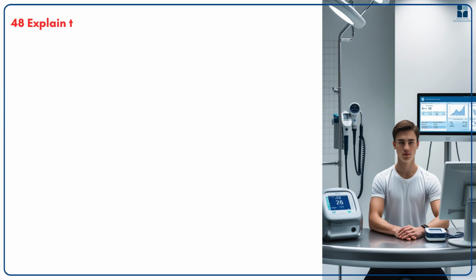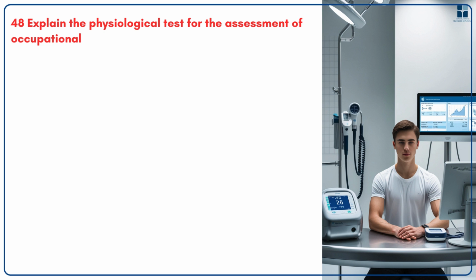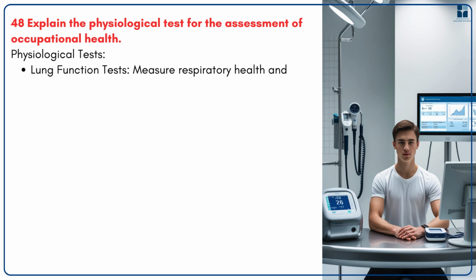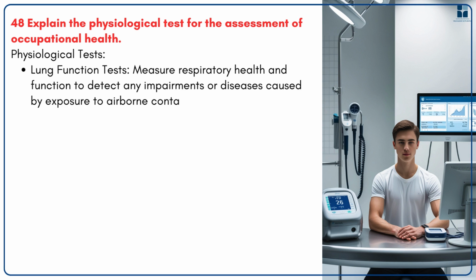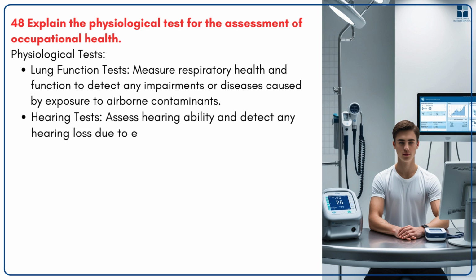48. Explain the physiological test for the assessment of occupational health. Physiological tests. Lung function tests measure respiratory health and function to detect any impairments or diseases caused by exposure to airborne contaminants. Hearing tests assess hearing ability and detect any hearing loss due to exposure to excessive noise levels.